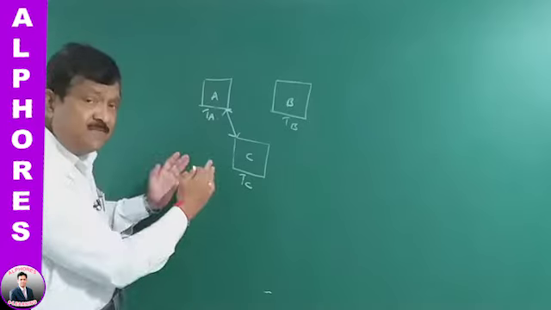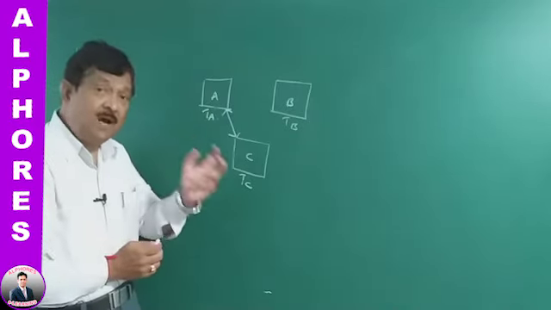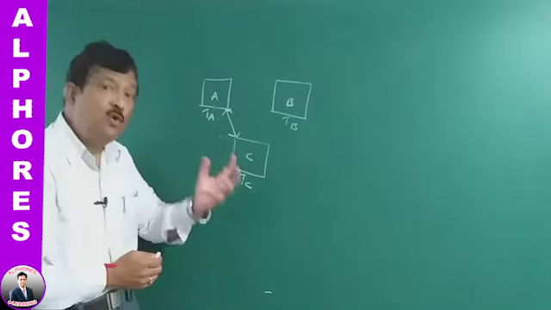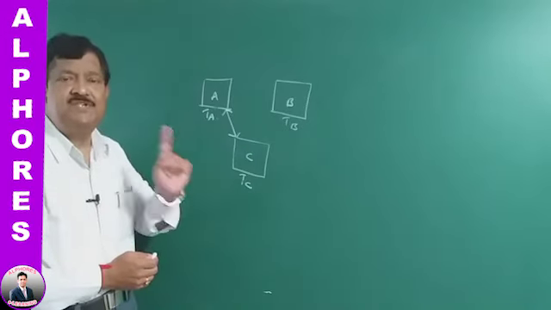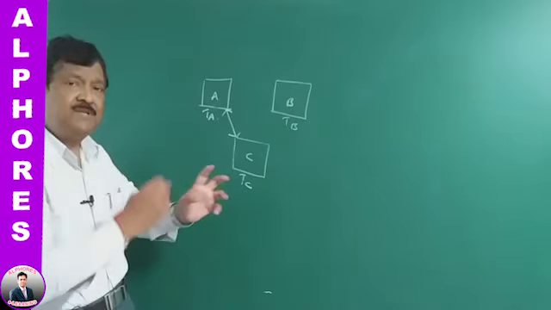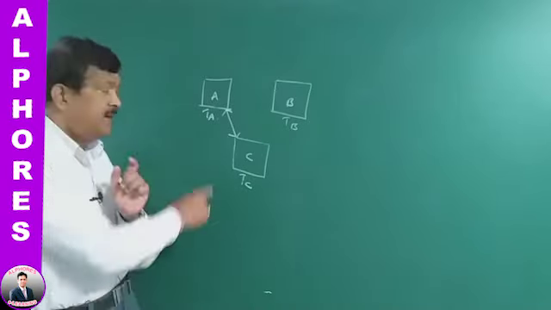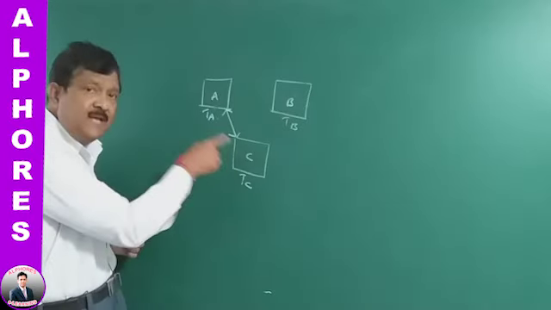Let us compare this with the previous example we have studied. We have taken ice cubes and hot liquid at room temperature, but they are getting cooled to room temperature finally. That means transfer of energy is taking place as long as there is a temperature difference. Once the temperature of both bodies becomes equal, there is no transfer of energy. Here we are seeing the same condition. We said that A and C are in thermal equilibrium.